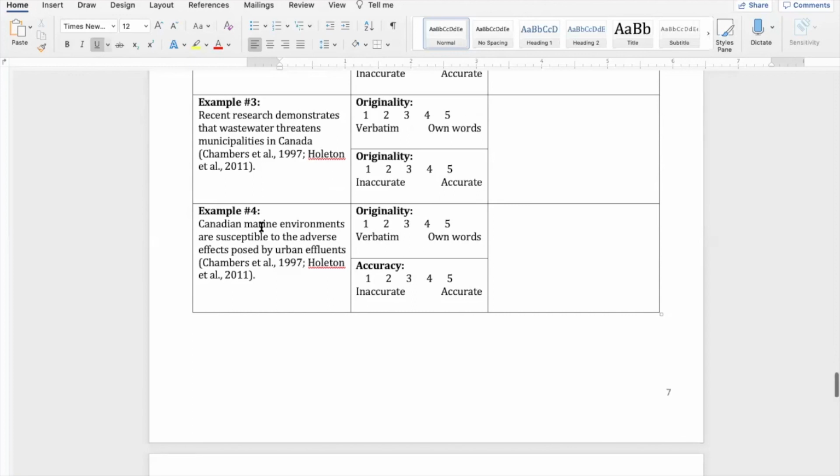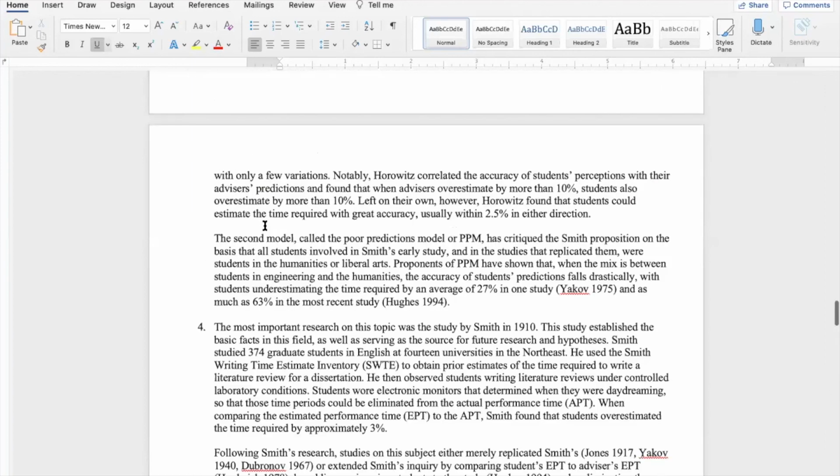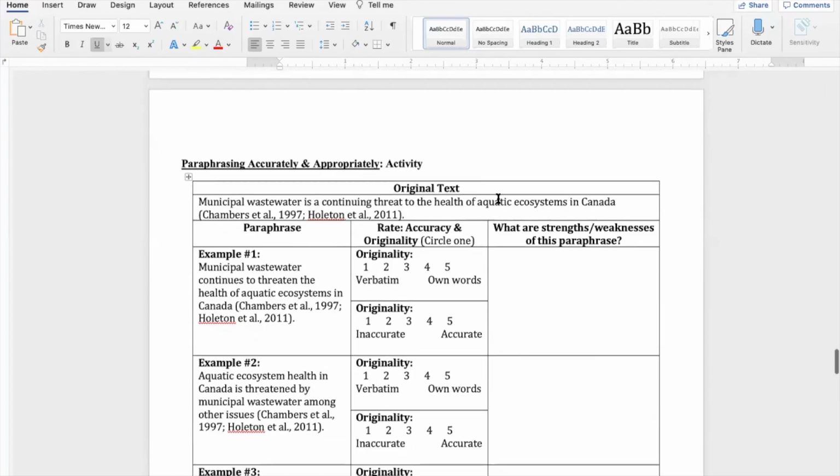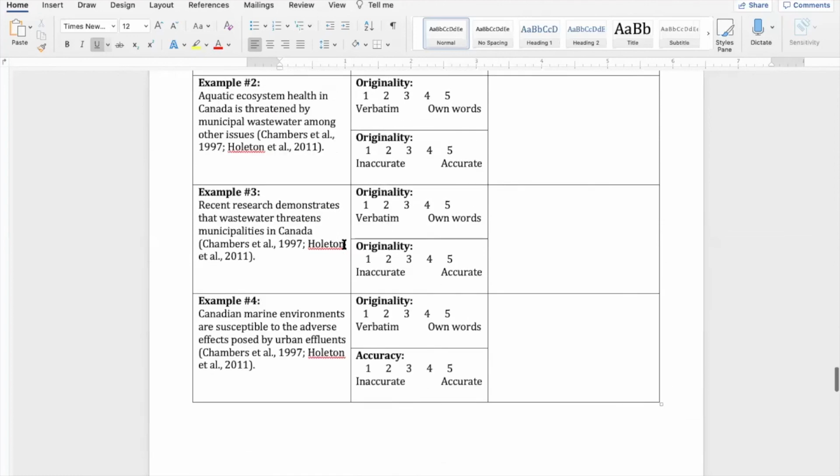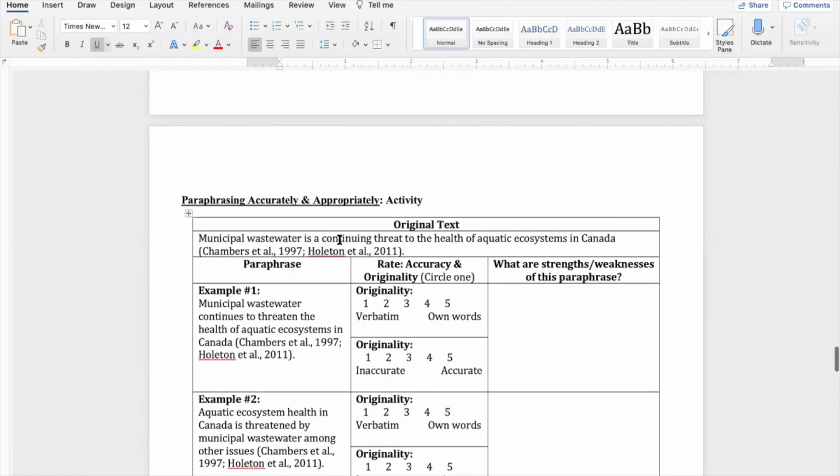And that may not be what they're talking about in the first one. And another thing about urban effluence, that may not be a factor in the original text. So paraphrasing is a very careful balancing act of being original with your words, yet at the same time not losing the meaning of the original text.